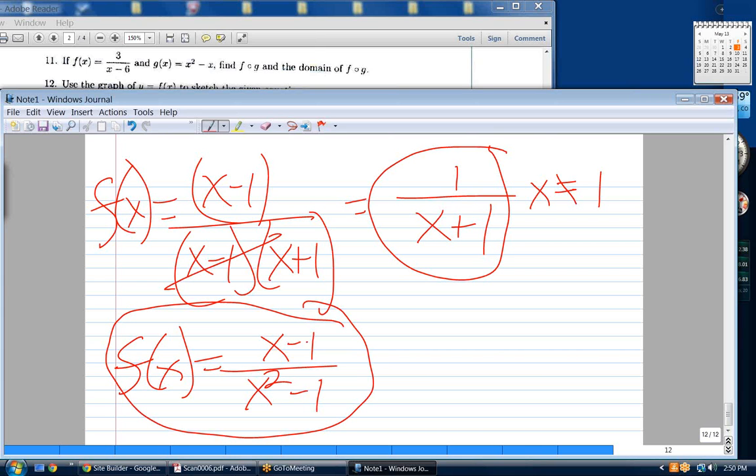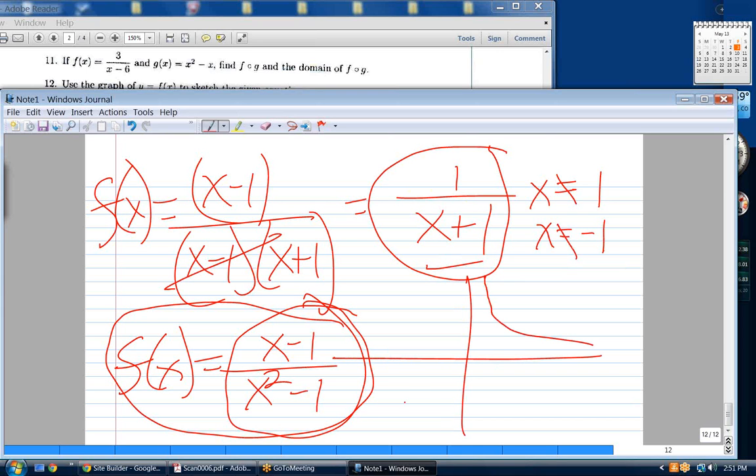And even though I factor the bottom and cancel out the x minus 1 on top and one of the x minus 1s on the bottom to produce this, I still have to carry that domain restriction with me. So not only can x no longer be equal to minus 1, but it can't be equal to 1 either. And in fact, if I was graphing that, I would have a hole in the hyperbola at 1, right there.